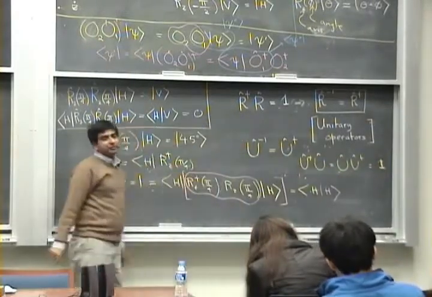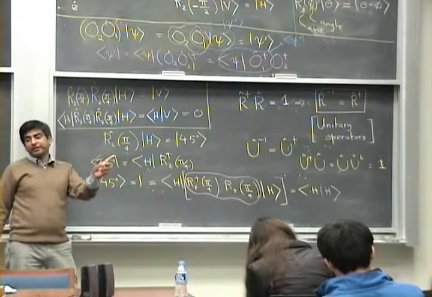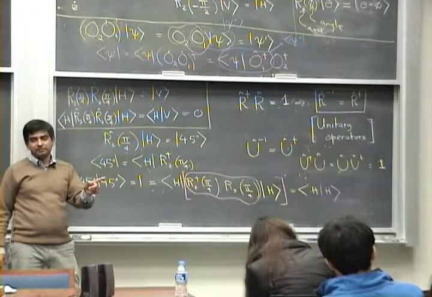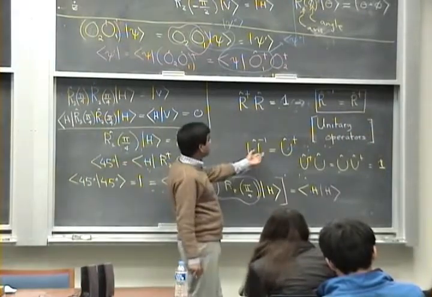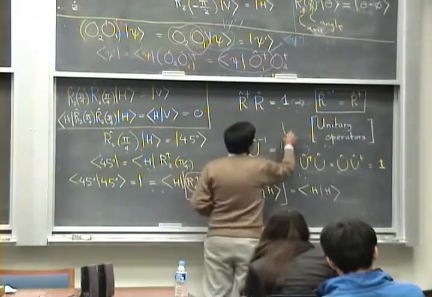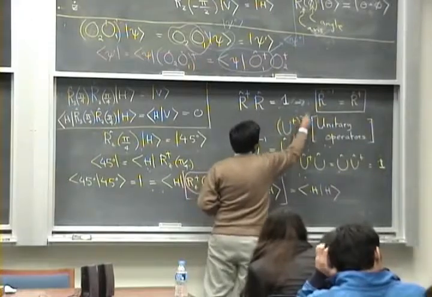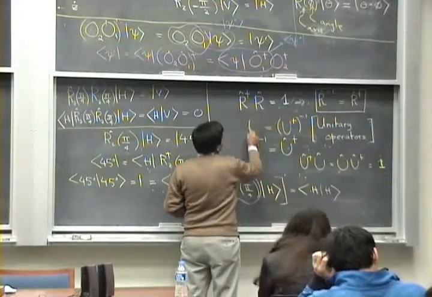This is how we define unitary operators. Not all operators are unitary. The inverse of the dagger is also... Right. You take the inverse of both sides. Dagger, inverse, gives me U.